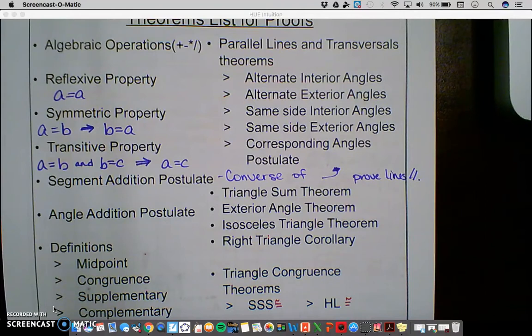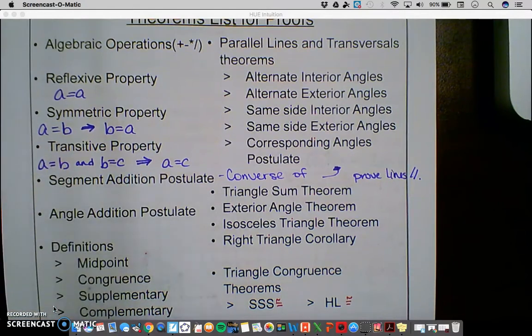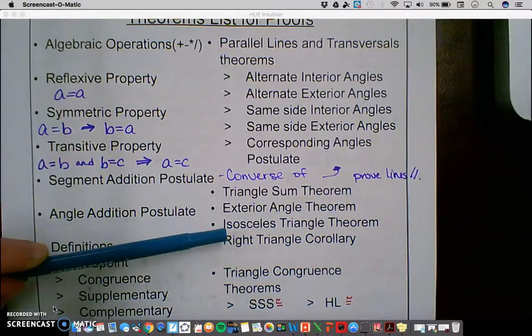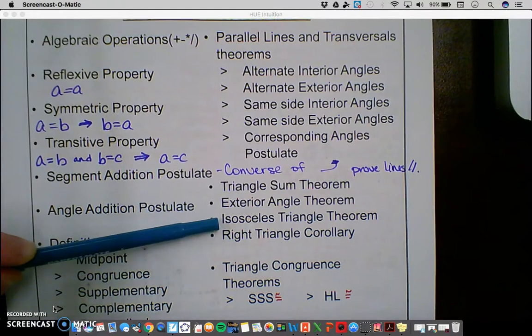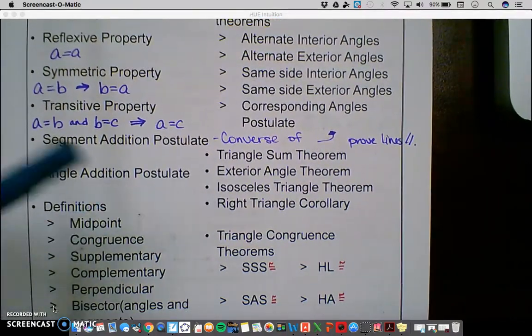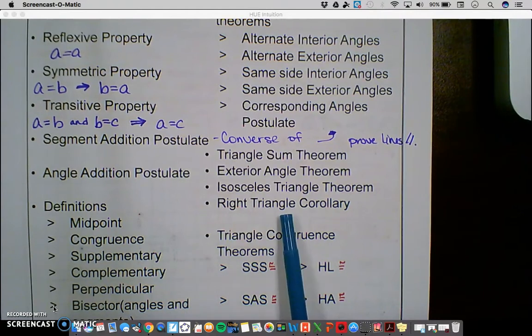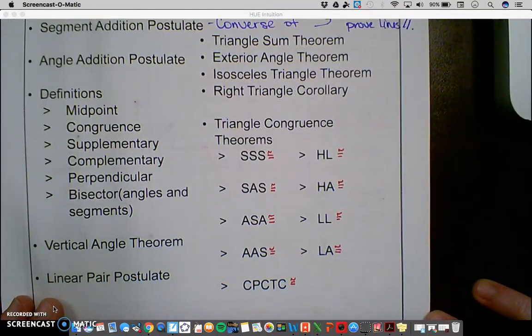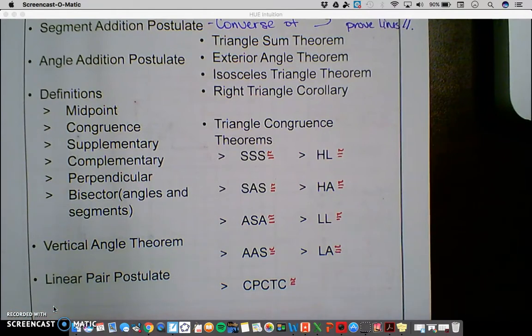So remember we can prove lines parallel with those converse statements. We have the triangle sum theorem, exterior angle theorem, isosceles triangle theorem, or otherwise called the base angle theorem, and the right triangle corollary, which says the acute angles add up to 90 degrees. And then we have our triangle congruence and CPCTC.